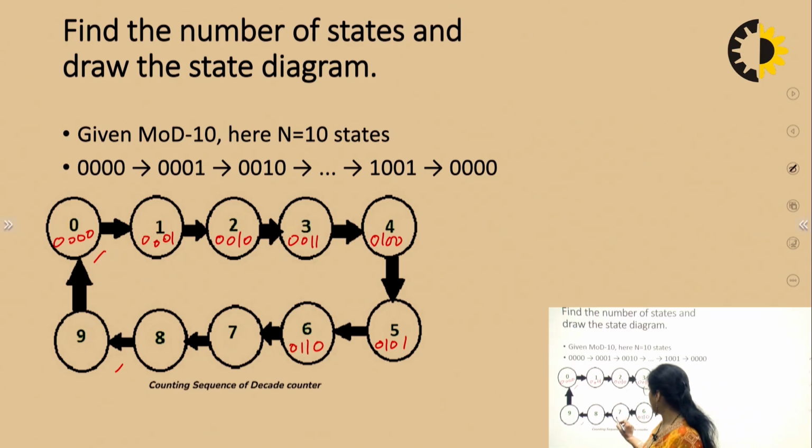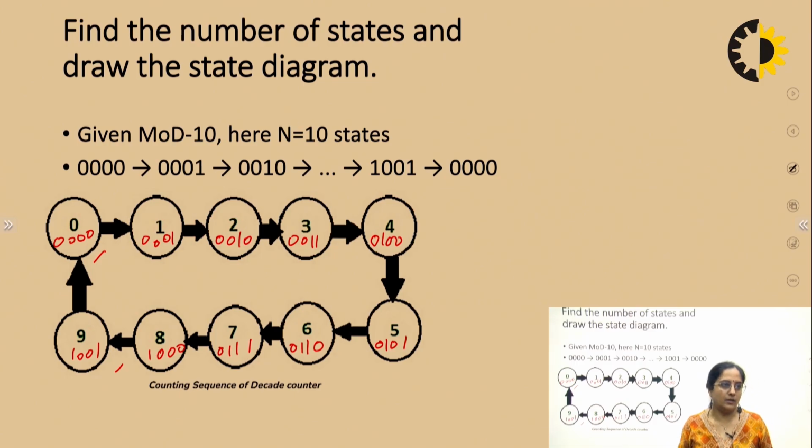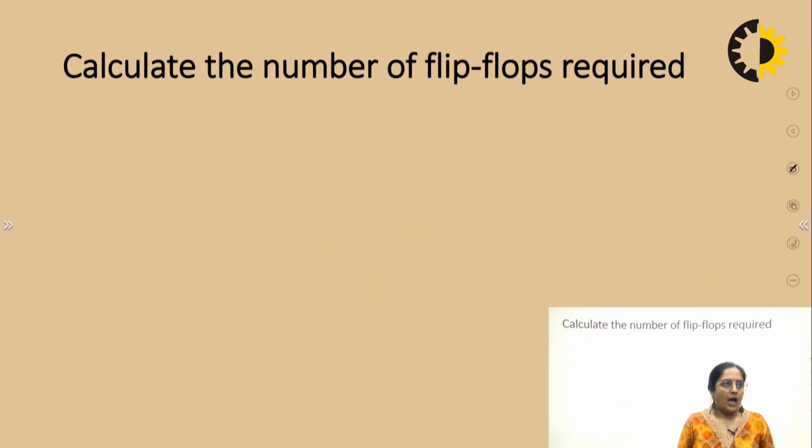You can even use variables A, B, C, D to represent the 10 states. But in a generalized way, we can use numbers or binary for this counting. Here I have represented it as a decade counter, but this will be applicable for BCD or mod 10, for all three.